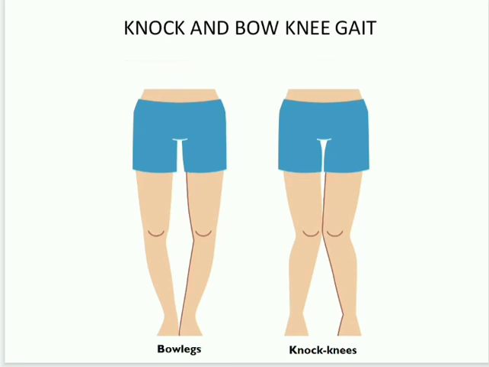In bow legs, it is the opposite. Your ankles touch, whereas your knees are separated by a distance. In knock knees, there is overpronation. So knock knee is opposite to bow knee. It is seen rarely in polio.